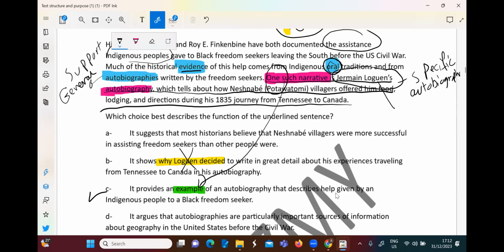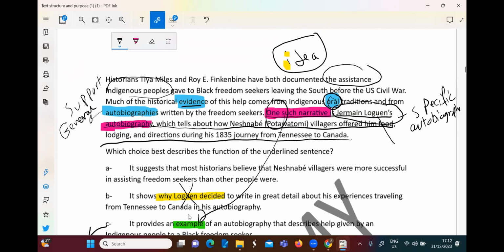That describes help given by an individual. Look at the differences here between B and C. Do you remember the main idea? I believe that text structure and purpose questions are somehow relevant to the main idea of the text. So the main idea, which is stated at the very beginning, is about what?